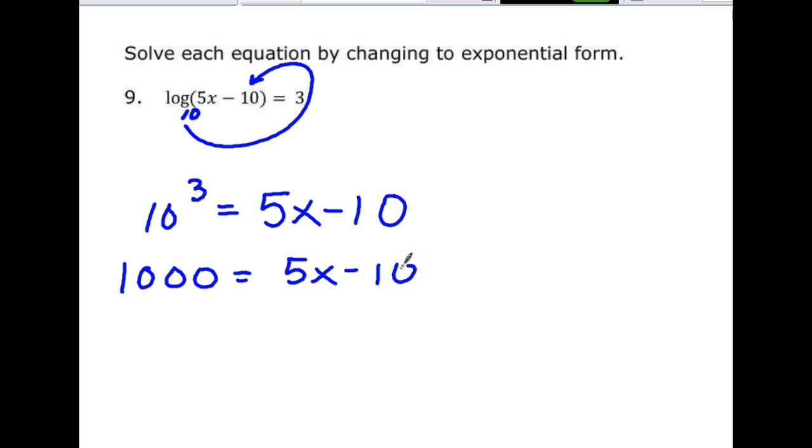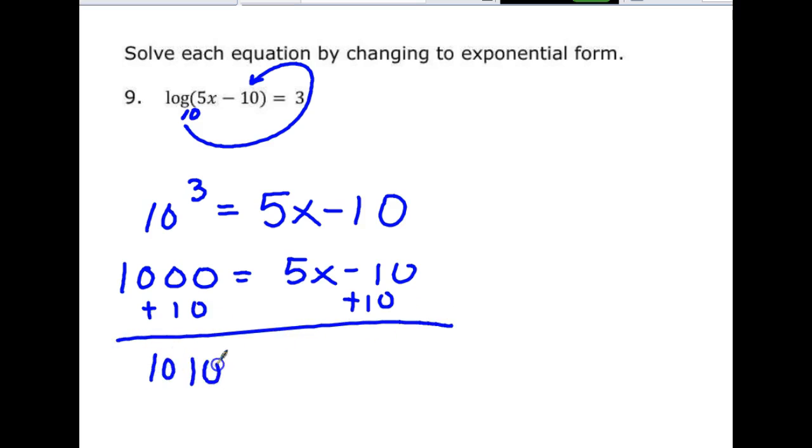Hopefully, once you get it to this point, it's very easy to solve. Add 10 to both sides. Divide by 5.